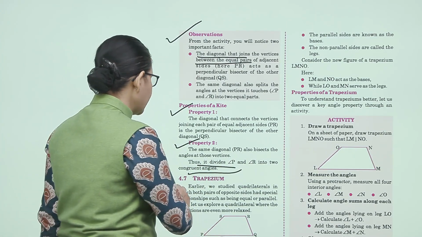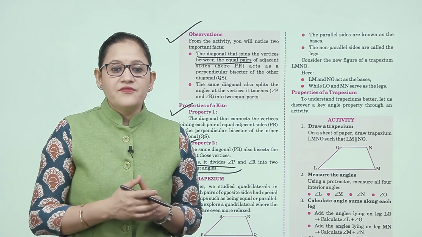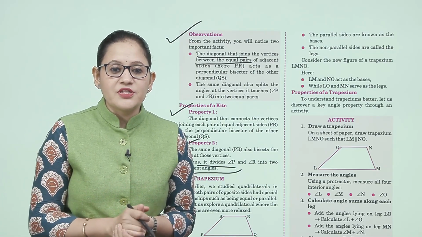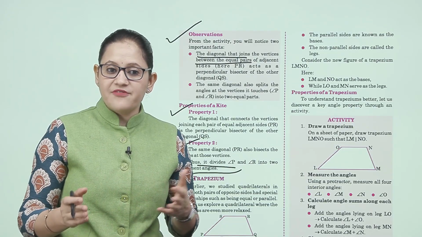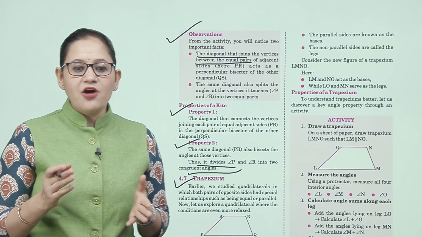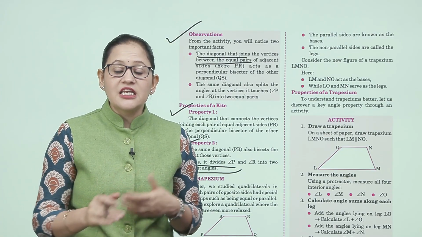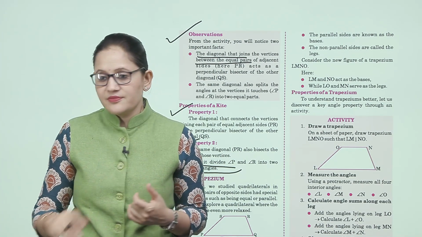Next figure is the trapezium. Earlier, we studied quadrilaterals in which both pairs of opposite sides have a special relationship, such as being equal or parallel. Now, let us explore quadrilaterals where the conditions are even more relaxed.